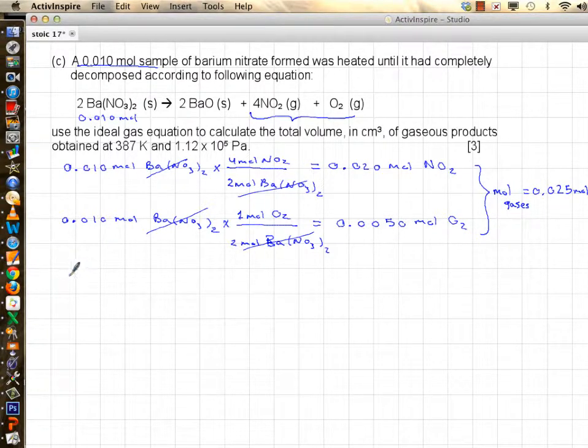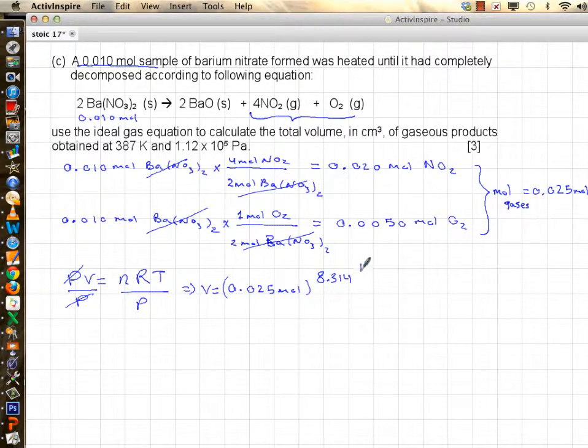Then we are going to calculate volume, so PV equals nRT. I'm interested only in volume, so I divide both sides by P. So volume is number of moles of the gases, in this case 0.025 moles, times gas constant 8.314 kilopascal dm cube per mole per Kelvin, times temperature in Kelvin. They gave it to us in Kelvin.